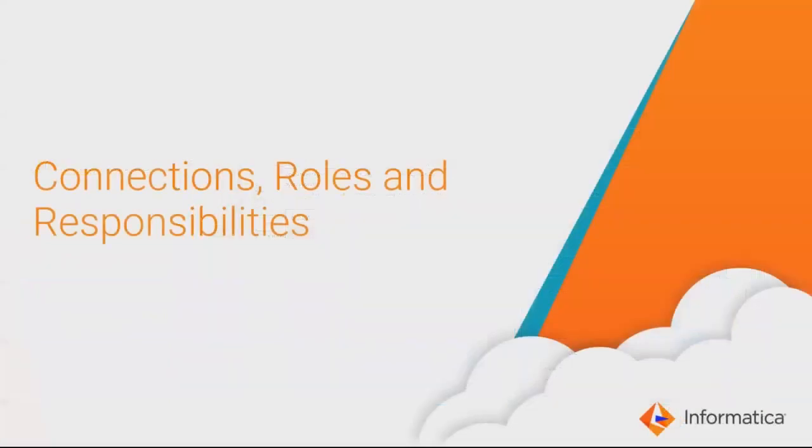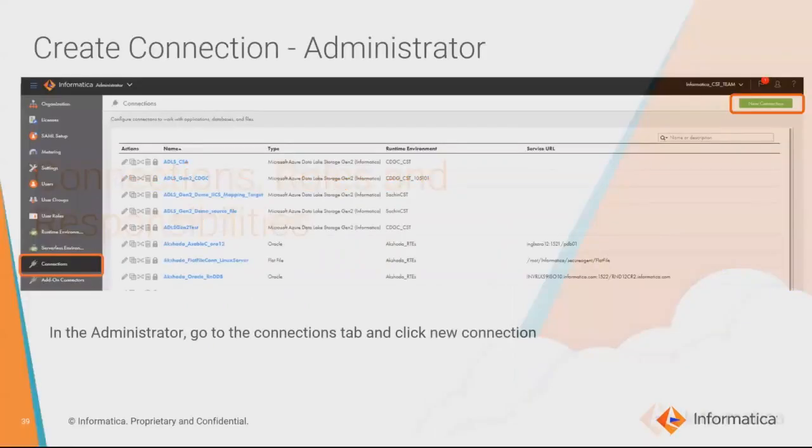Now, let's discuss establishing a connection as well as various data governance roles and responsibilities. We configure a connection in the connection tab available in the administrator microservice. When you configure a connection, the connection becomes available for use within the organization.